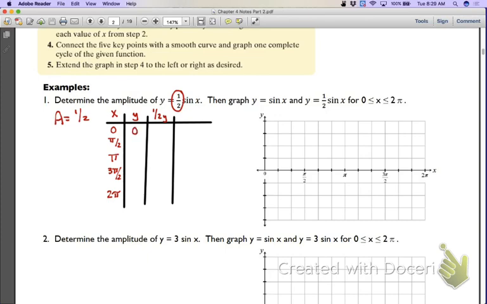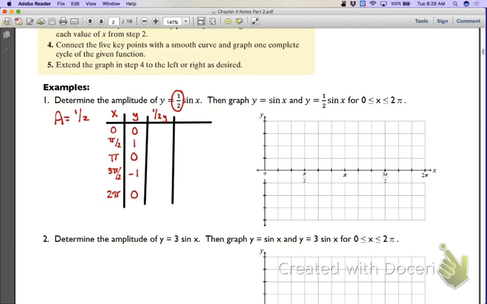I start at 0, it's going to go up to 1, it's going to come back down to 0, it's going to drop all the way to -1, and then it's going to come back to 0. Until we start to shift anything and move anything, those are going to be your key points.